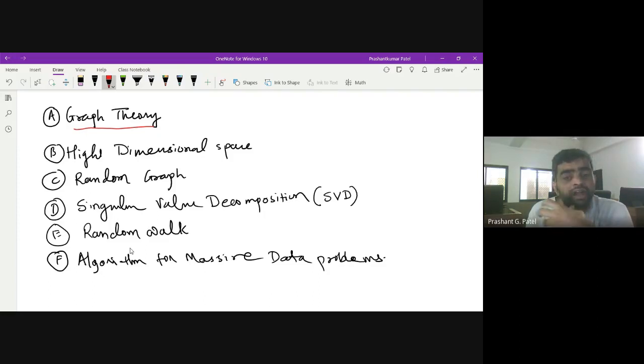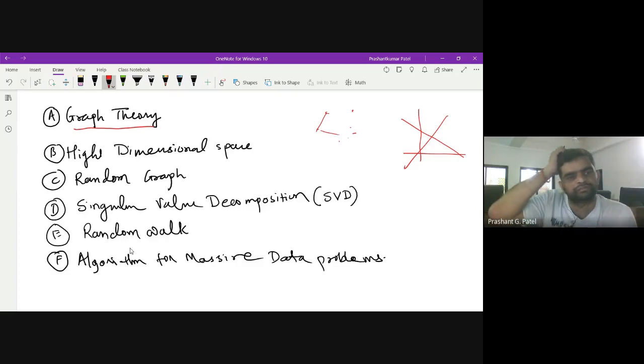When I say graph, it is not like the x-axis and y-axis. That is not the definition of a graph. A graph is made up of some vertices and some edges, and the study of that, in short, is graph theory. There is a proper definition of a graph that we will discuss in detail.